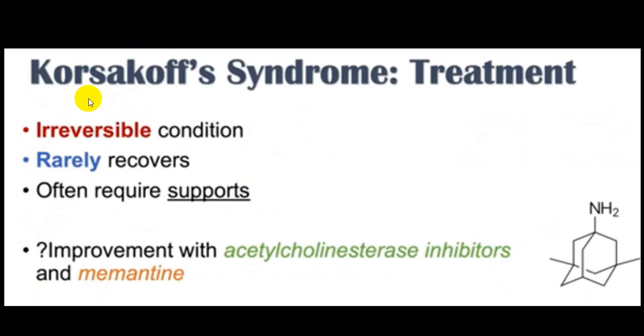And it is an irreversible condition, rarely recovers. What he requires is supportive treatment. Now they have tried acetylcholinesterase inhibitors and memantine, and there is a question mark on improvement as far as clinical symptoms and signs are concerned in Korsakoff syndrome.